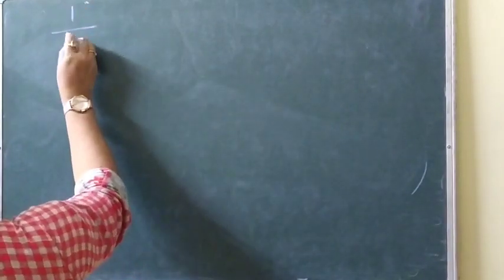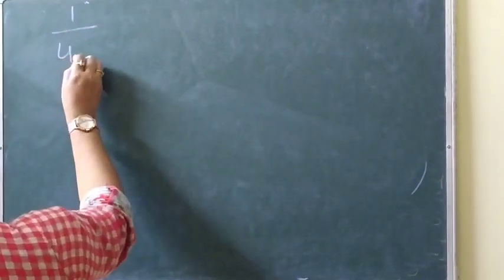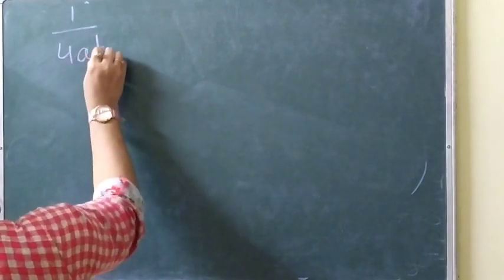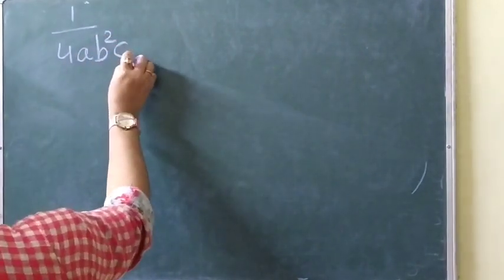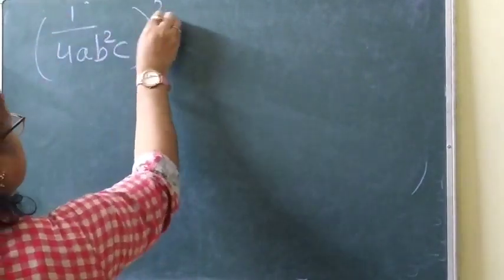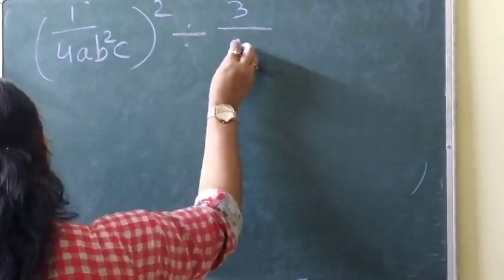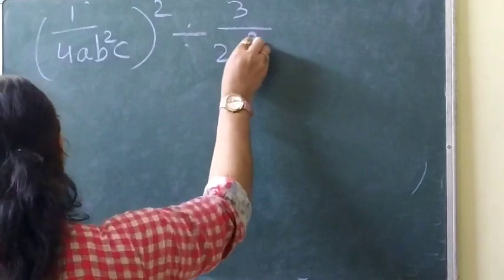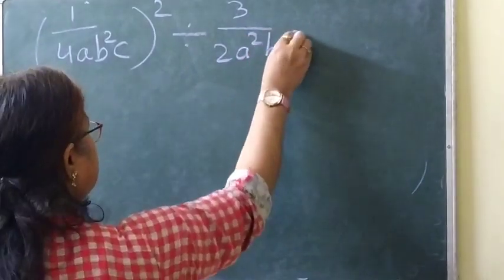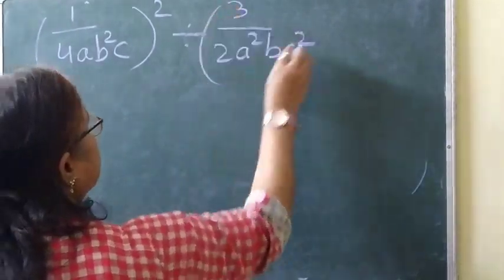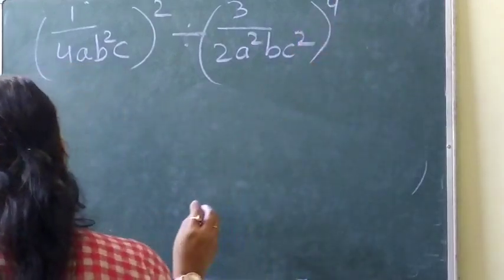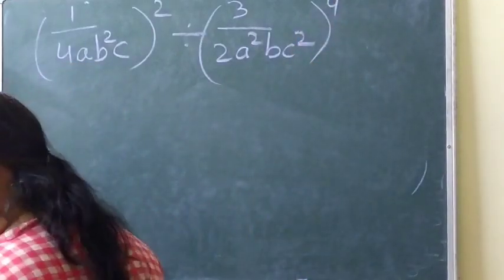The question is 1 by 4 a b square c, and then the square of this is given, and this is divided by 3 by 2 a square b c square, and here the power 4 is also given. Then how will we solve this one?